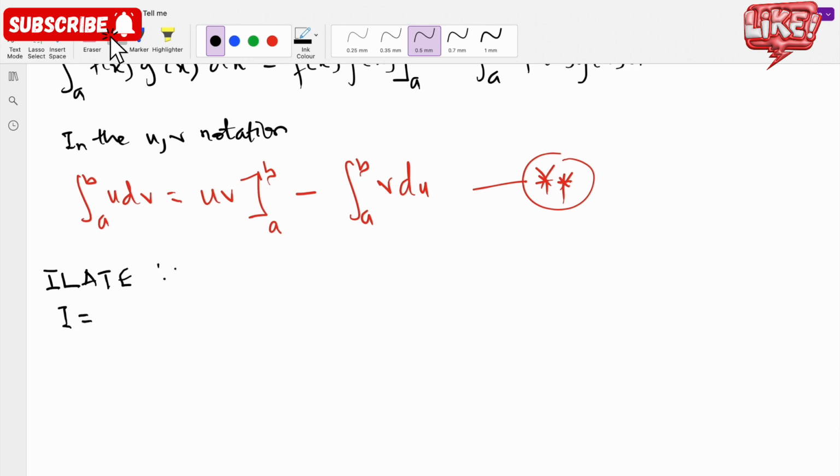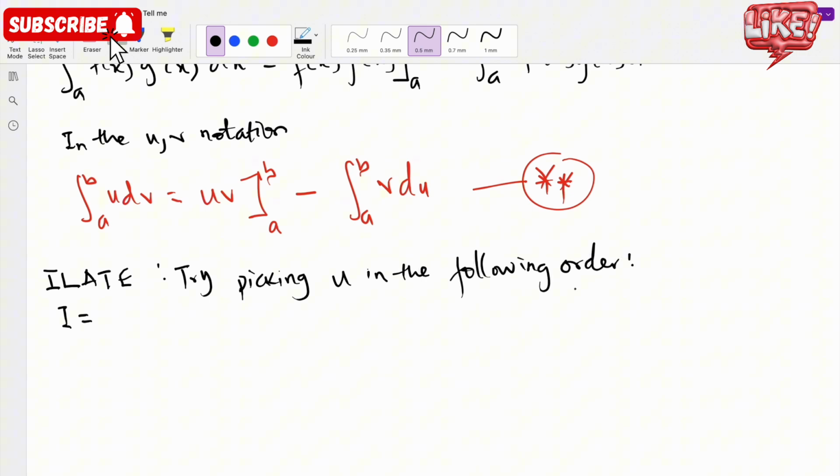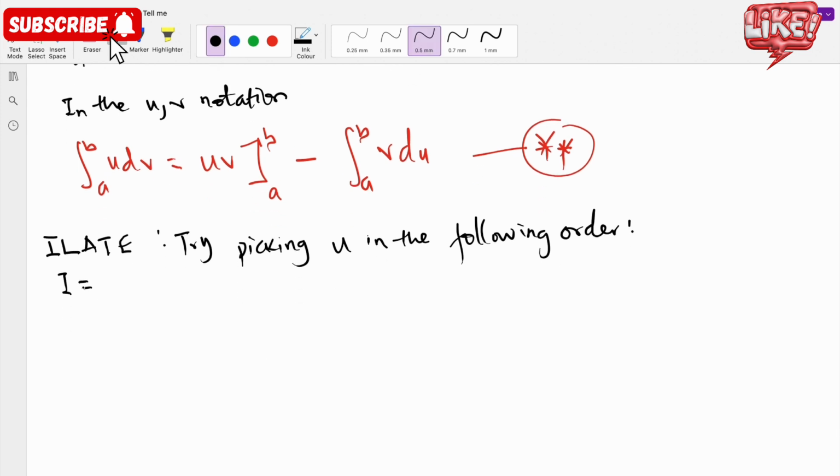What you are trying to do is pick u in the following order to make your work very easy, because sometimes you might be unsure which one to use as your u and which one as your dv.